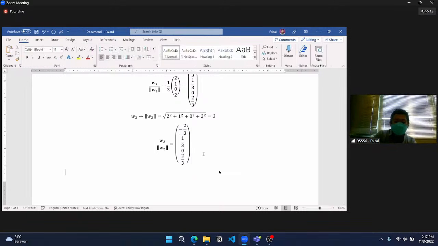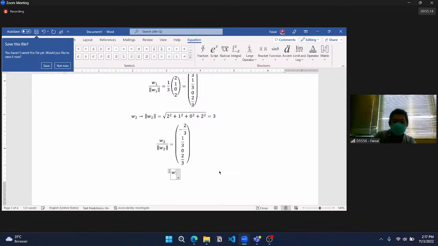And for the last one, W3, we compute its norm.